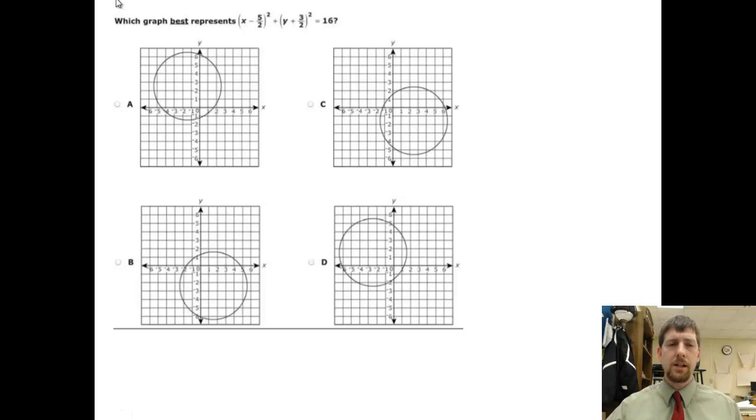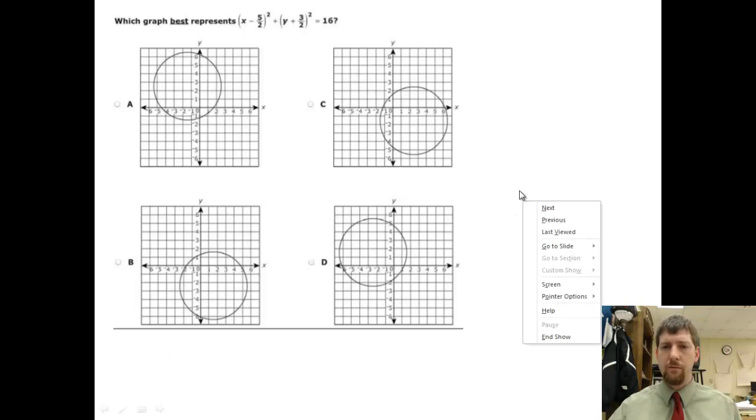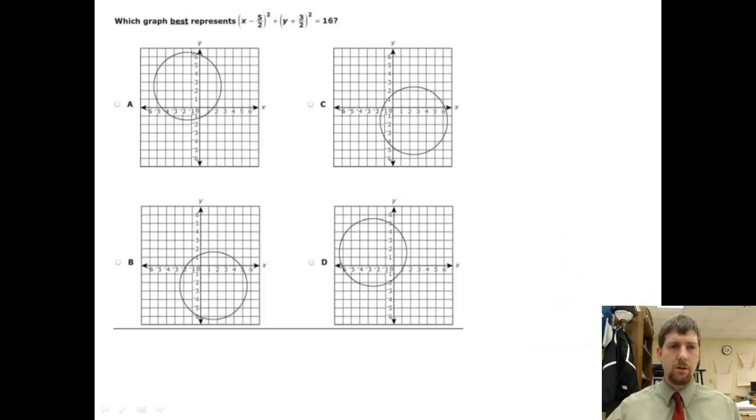So what I like to do is look at a specific point that's unique to each graph. So if we grab a point that is unique to each graph, let's look at this top point right here. For choice A, it looks like it's -1.5 and 6.5.